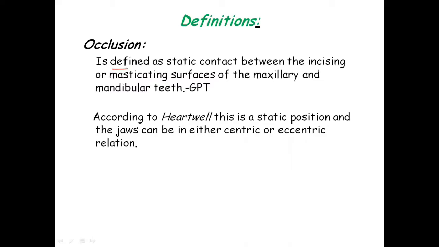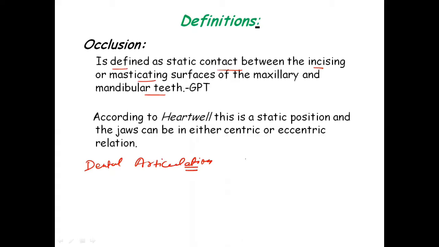So occlusion is defined as the static contact between the incising or masticating surface of maxillary and mandibular teeth. It is the static position. Okay. So there is another term that is called dental articulation.